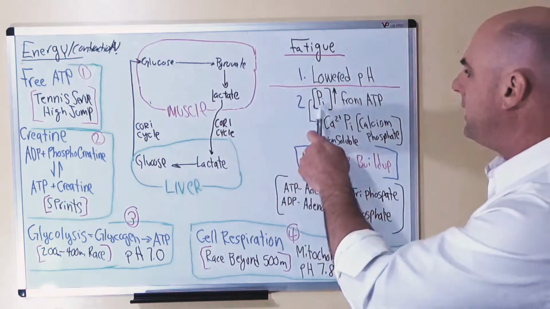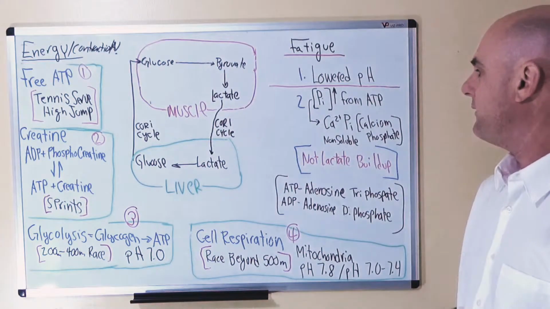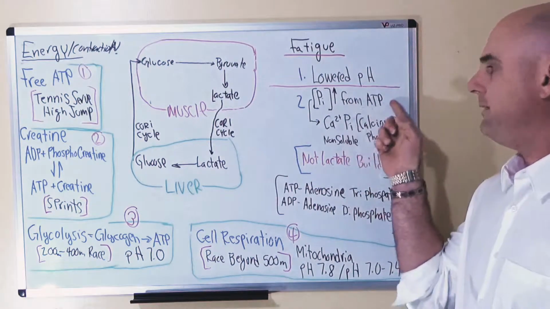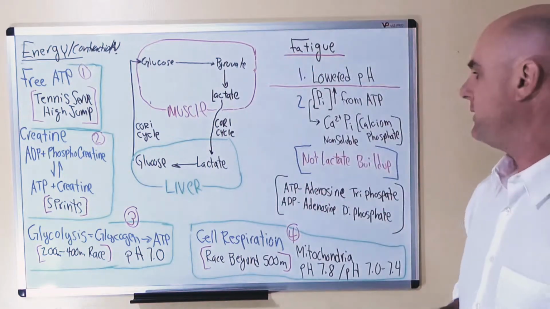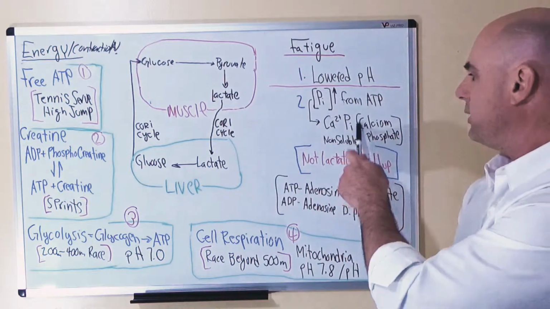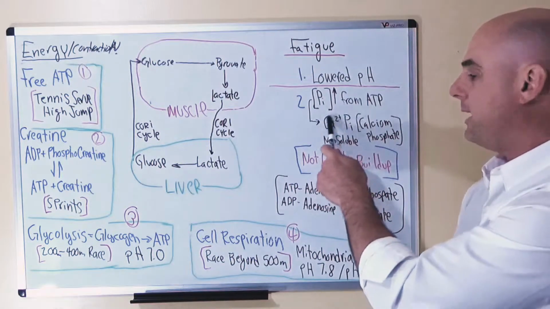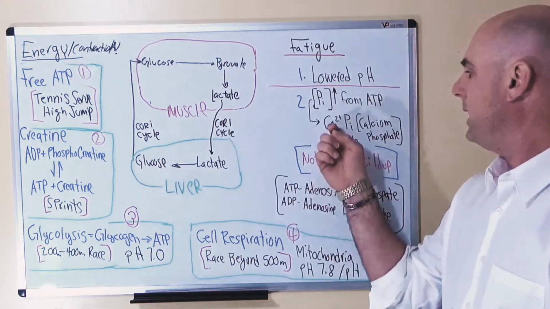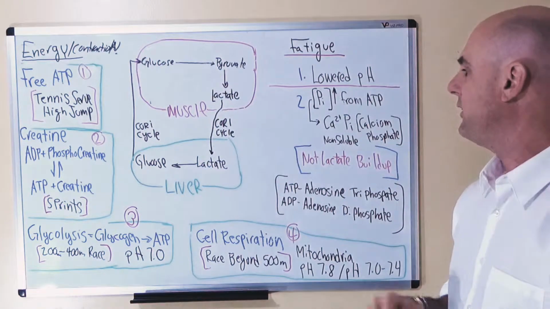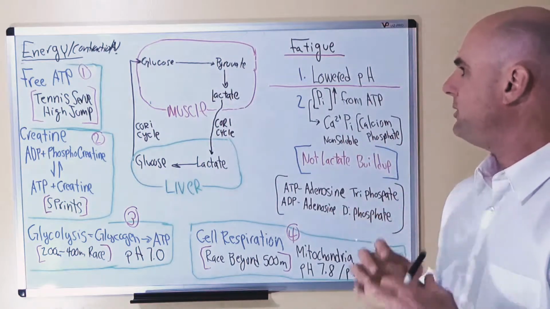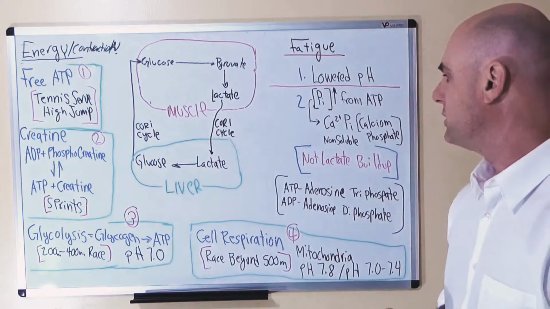So it's the buildup of inorganic phosphate from ATP utilization that can also induce a condition of fatigue. The inorganic phosphate then binds with calcium in this skeletal muscle, which forms a precipitate, and it's that precipitate that can actually induce a condition of fatigue.